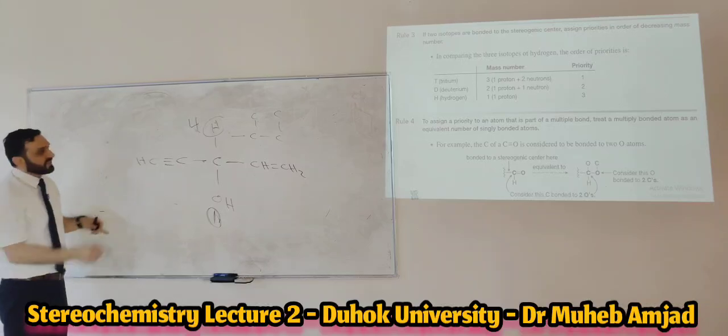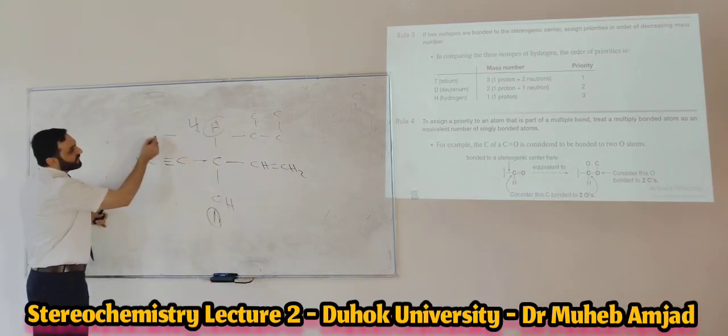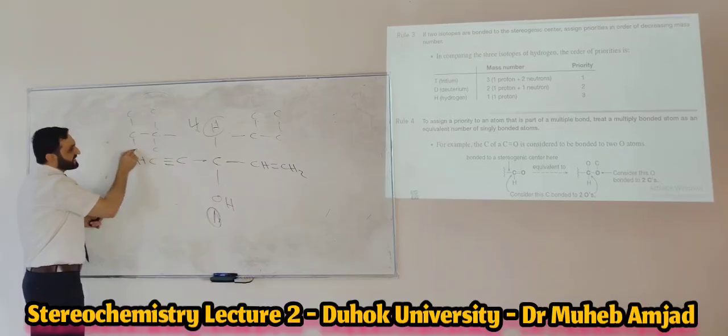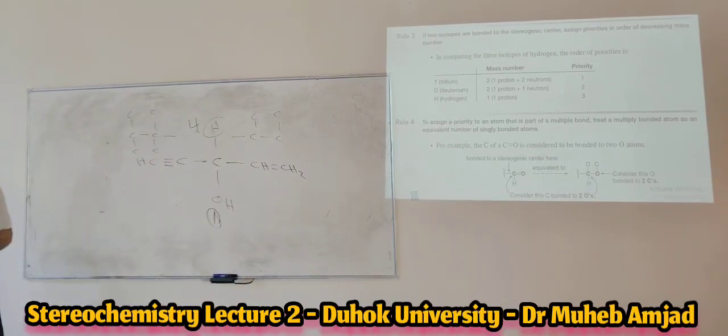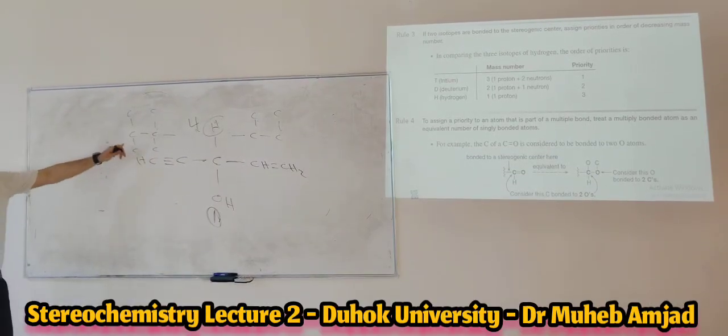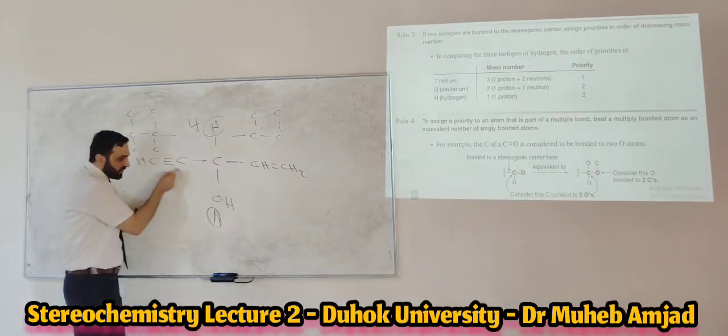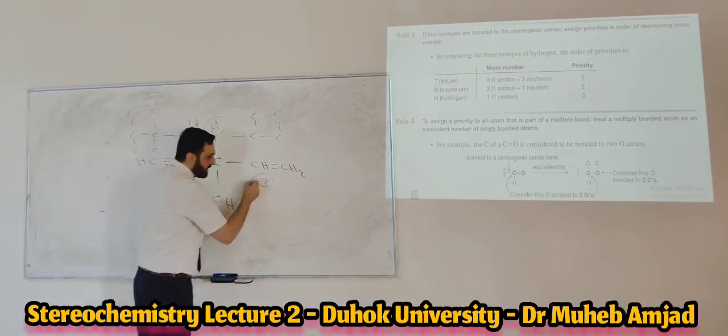Or this triple bond means this group has 6 carbon atoms. Which has higher priority, 6 carbon atoms or 4 carbon atoms? That means this will be number 2, and this will be number 3.